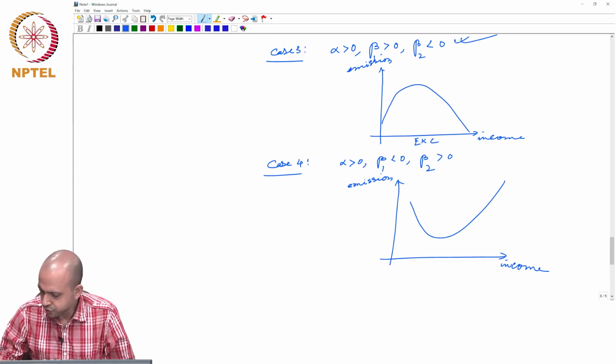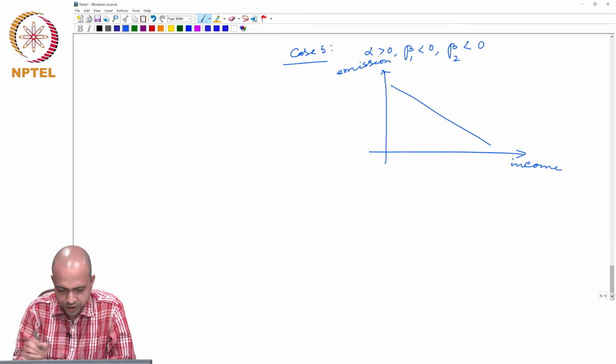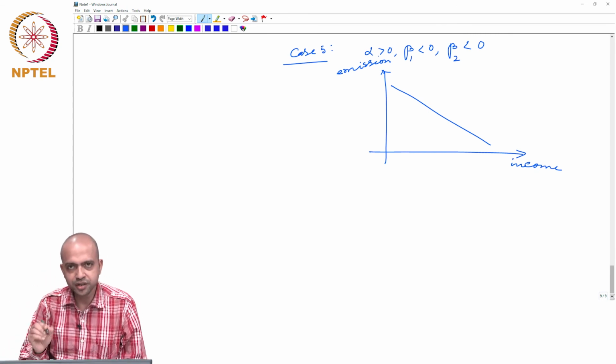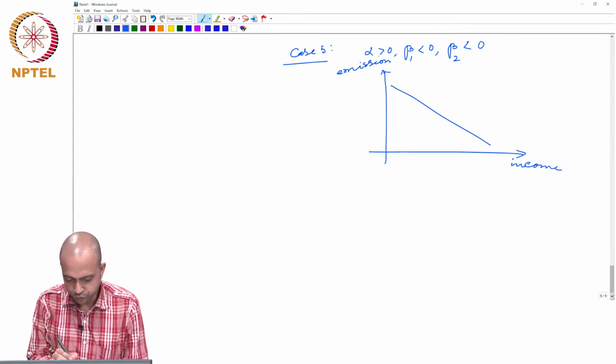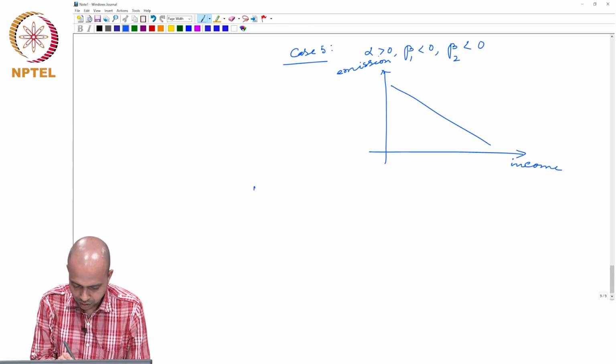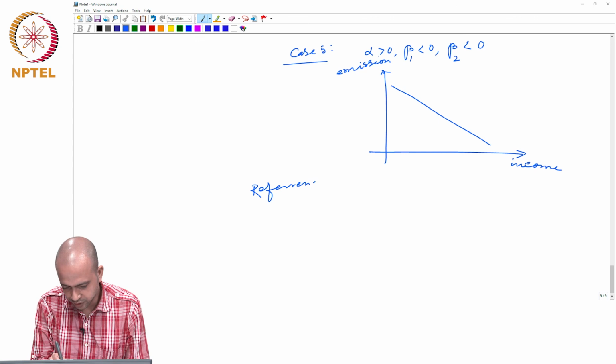And the reference for this, you have to read this particular module from a particular journal article. This is not given in a textbook.